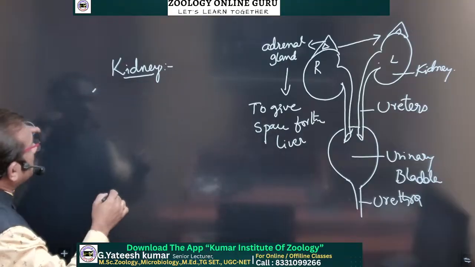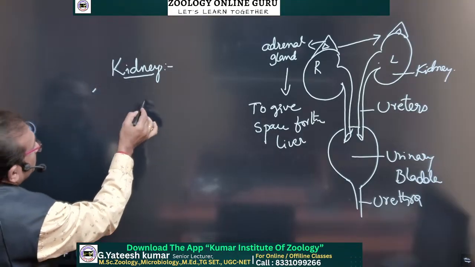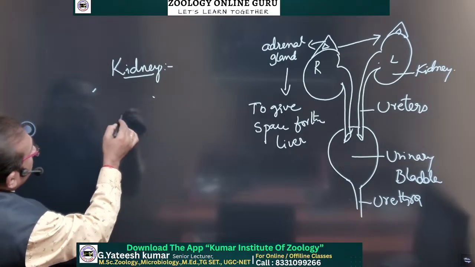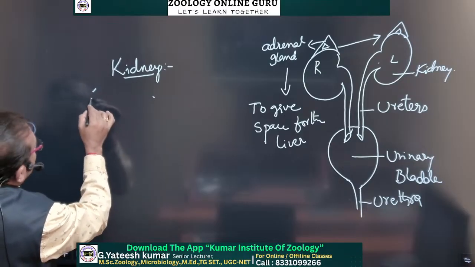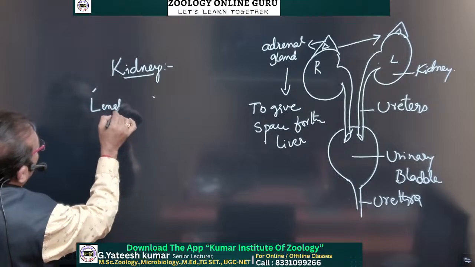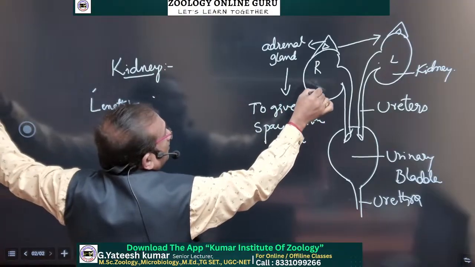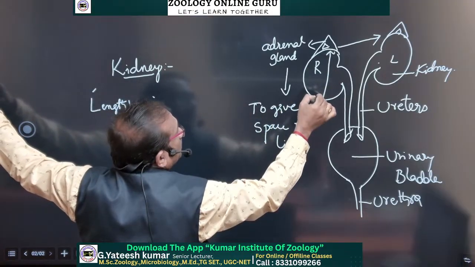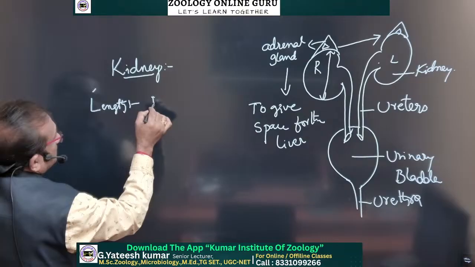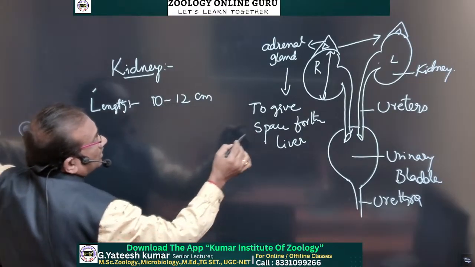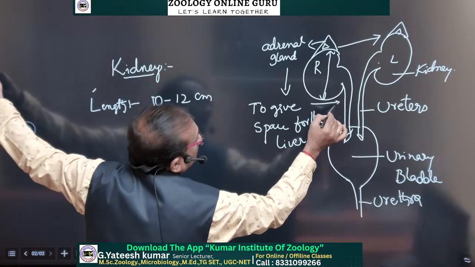Before going to the outermost covering of the kidney, we can see its dimensions. The length of the kidney is 10 to 12 centimeters.